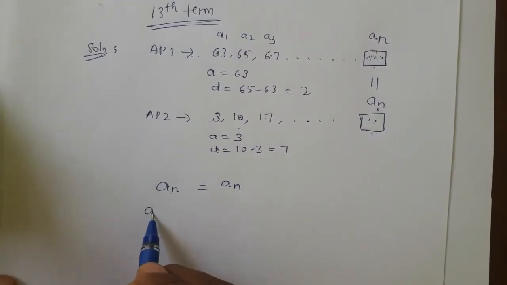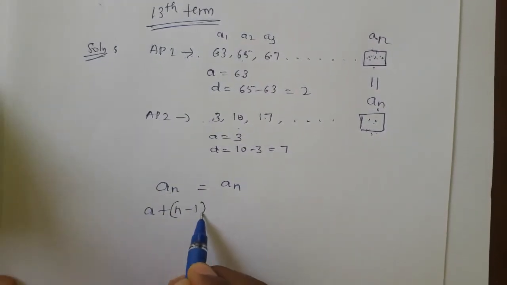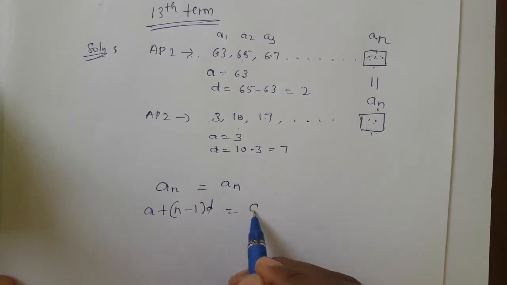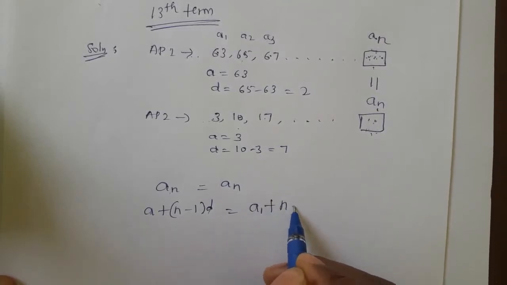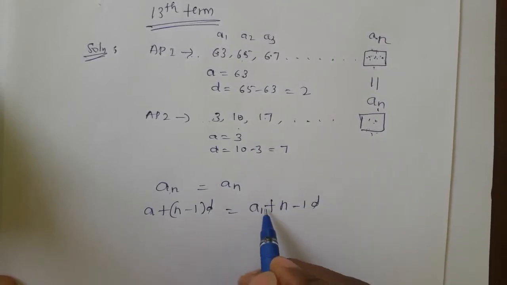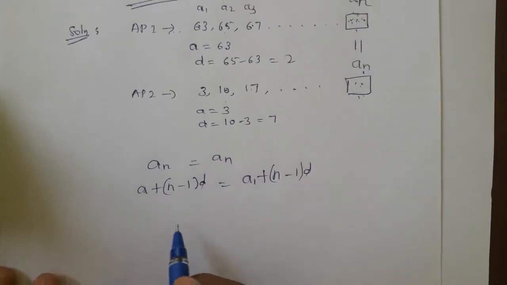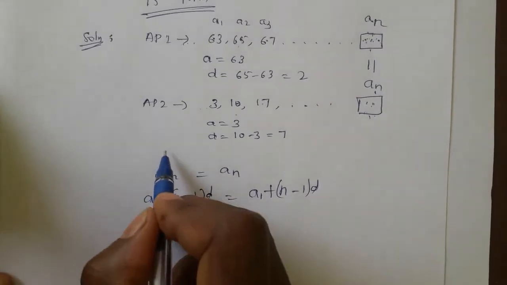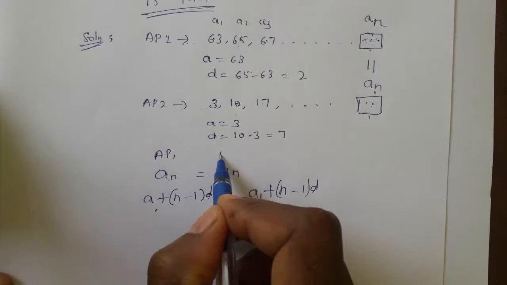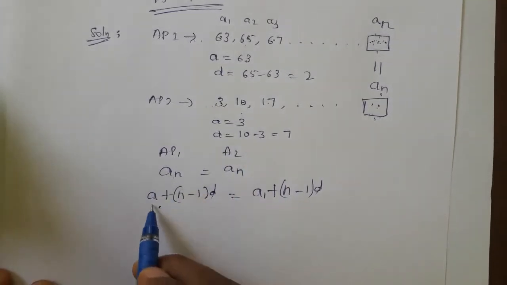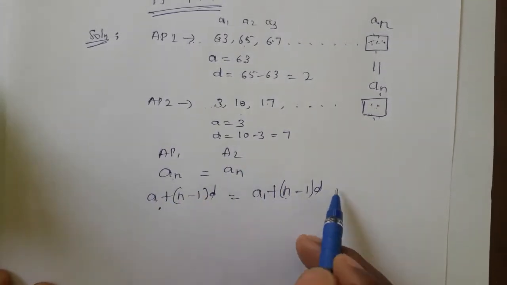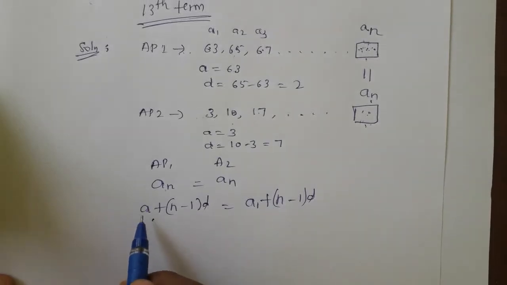Now the an formula we know is a plus n minus 1 into d. Here also, a plus n minus 1 into d. This is the first AP and this is the second AP. The formula is the same, but the substitution is different.